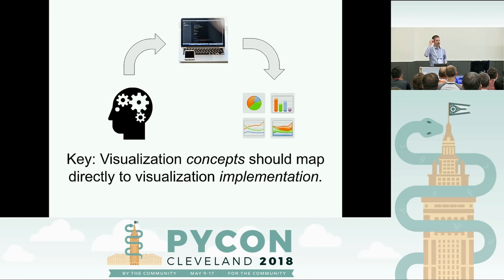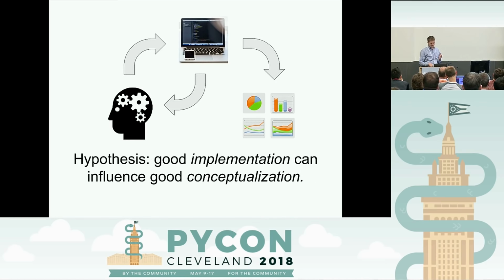You should be able to think about visualization in a principled way, and those thoughts should map directly onto what you type into your keyboard, and what you type into your keyboard should map directly onto what you see on the screen. What I am really working on here is this idea that if you provide this API that's based on these principles of visualization, then that API can help us develop the right way of thinking about visualization, which then feeds back into creating good visualizations in the end. So this is one of the reasons that I was really excited about working on the Altair library.